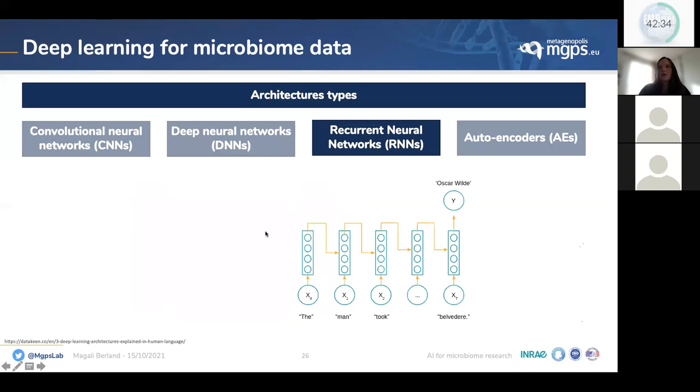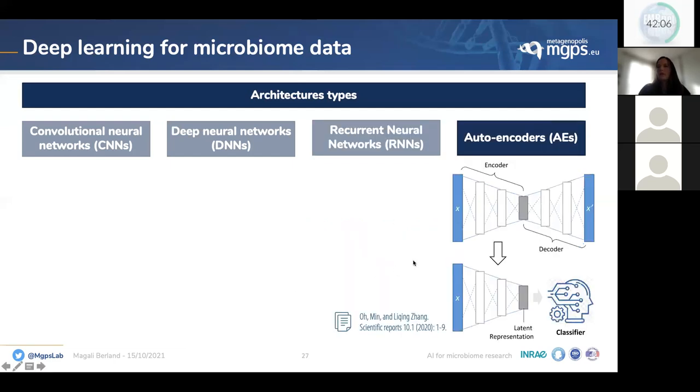There are the recurrent neural networks, which are well used in speech recognition, that take into account the fact that elements are linked together and there is some temporality between the first and the last elements. There is nearly nobody using recurrent neural networks for microbiome data, so I won't talk much about it.